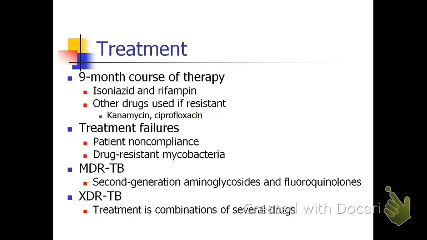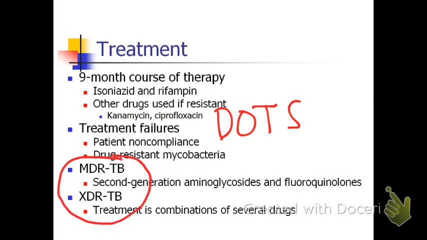So that's the reason why the DOTS was created, in order to monitor the compliance of the patient. Drug-resistant mycobacteria would usually happen in non-compliance. And because of this, there would be MDR-TB and XDR-TB.